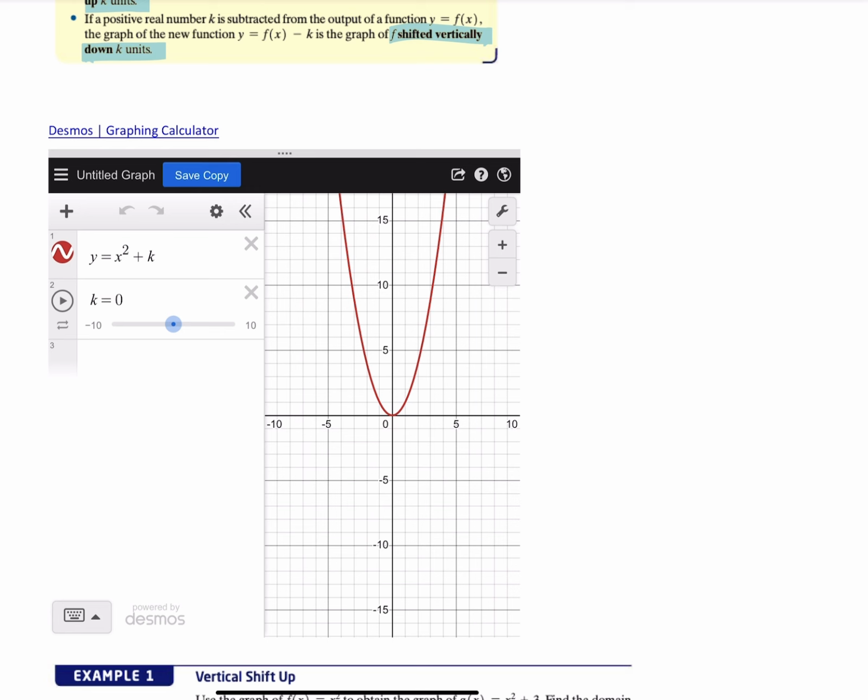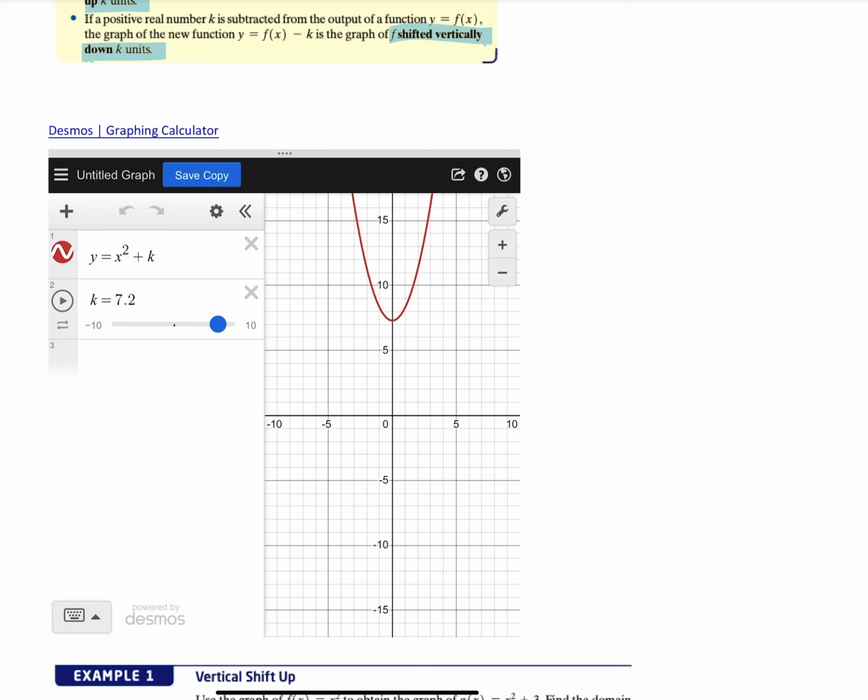And notice it's on the outside of the function. So anything that's added outside will shift the function vertically. So you can play around with this slider and see, as k gets larger in the positive direction, it shifts the function upwards.